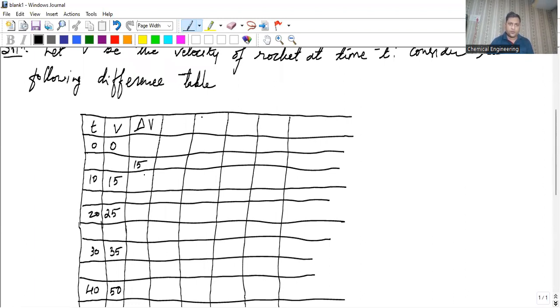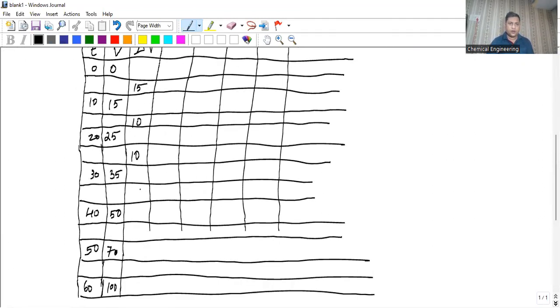So this is 15, this is going to be 10, this is 10, and then this will be 15. I hope you are able to understand the differences now. Is there any doubt in difference? No, sir. You are getting this difference, no? Yes, sir. Okay, so this is 20 and this is going to be 30.